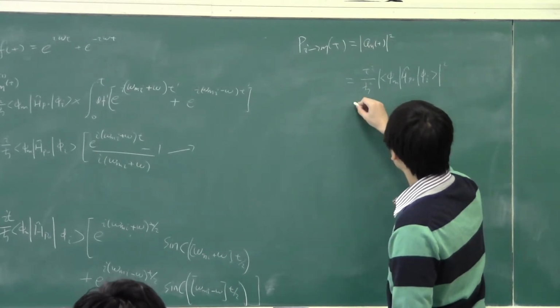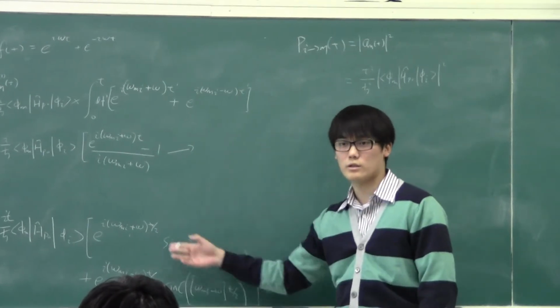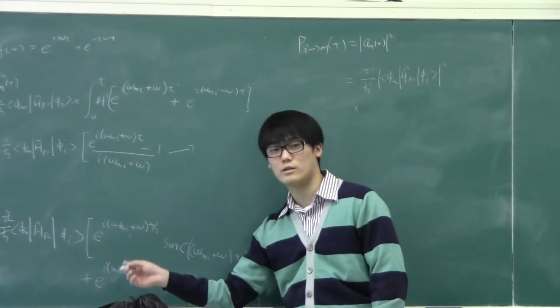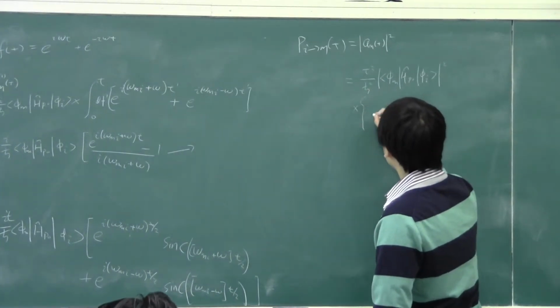Okay. And then multiplied by, I'm going to ignore the cross terms, so I just have the two sinc functions, and the phase vector goes away from the magnitude squared.